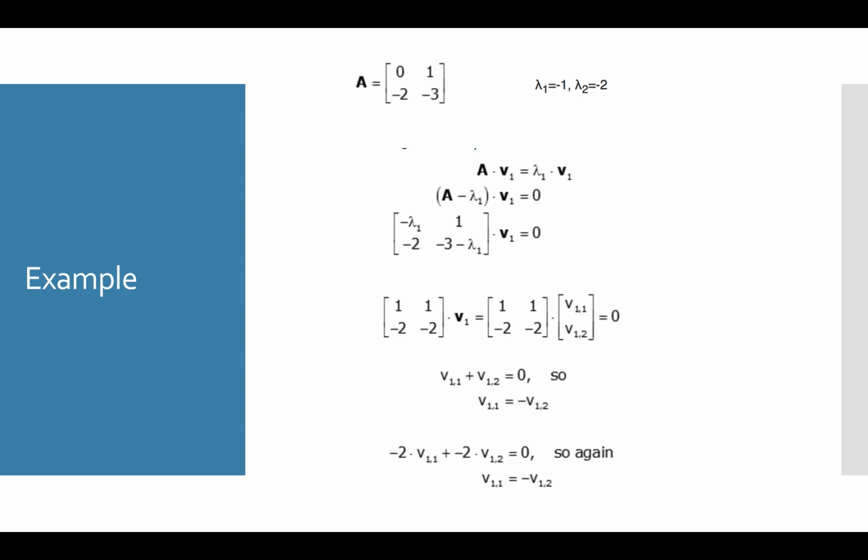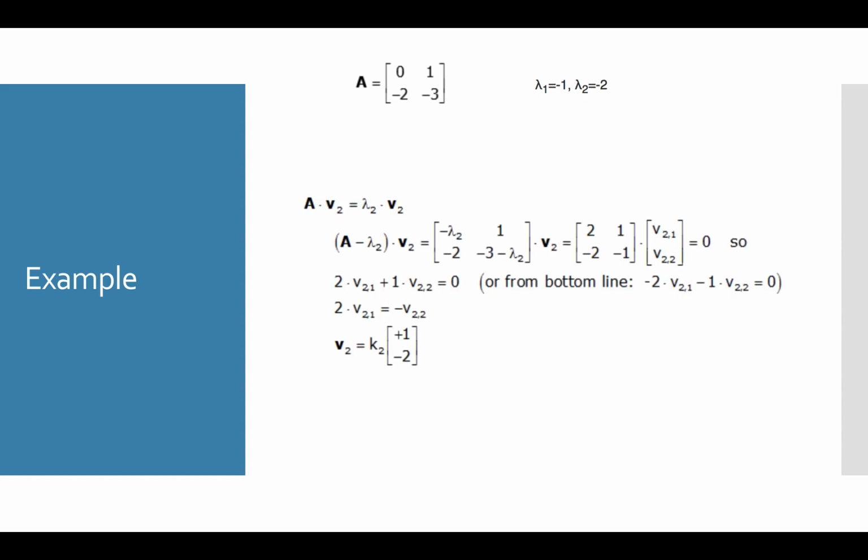Or you can do the bottom line, which is negative 2 V11 minus 2 V12 equals 0. You'll get the same result either way, so you really only have to use one of the equations. Basically what this says is that V1 has the opposite sign of V2. So the vector V1 is any scalar multiple of positive 1, negative 1.